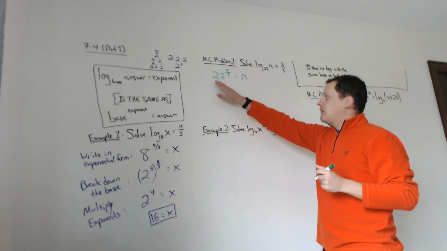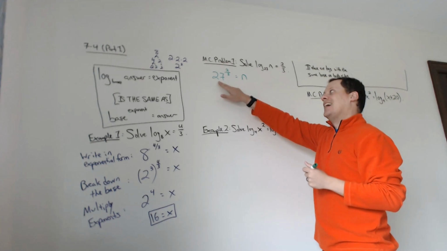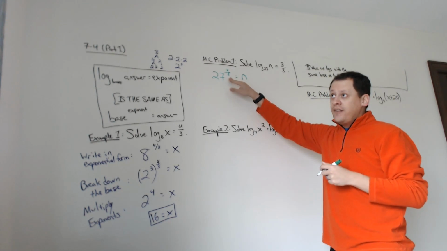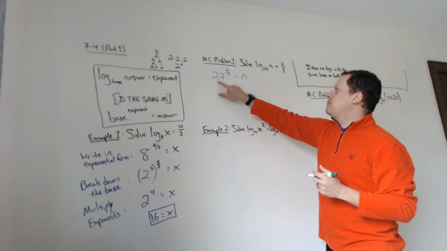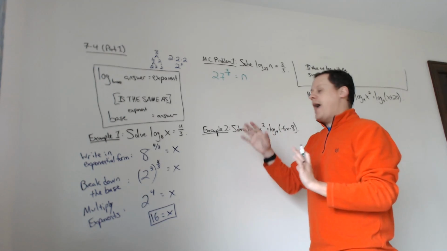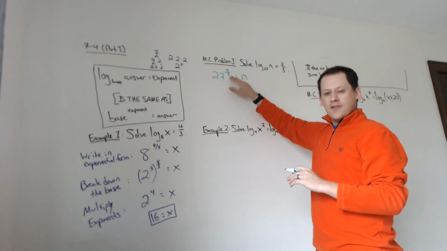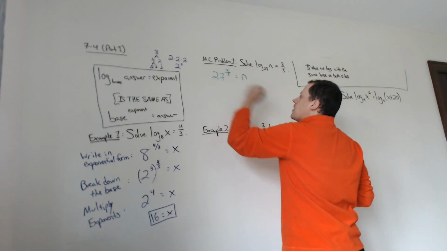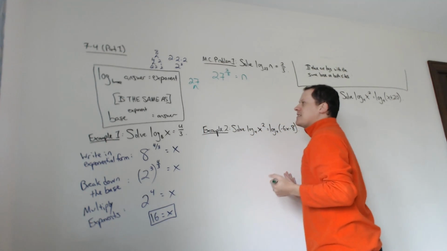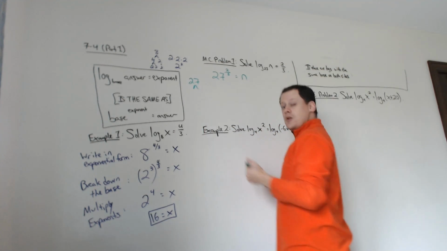And again, I don't want to figure out what 27 to the 2/3 power is. I could, but it'd be much easier if we took this 27 and wrote it as a number to a power so that we can get rid of this fraction here. So when we break down 27, that's going to be 9 times 3.